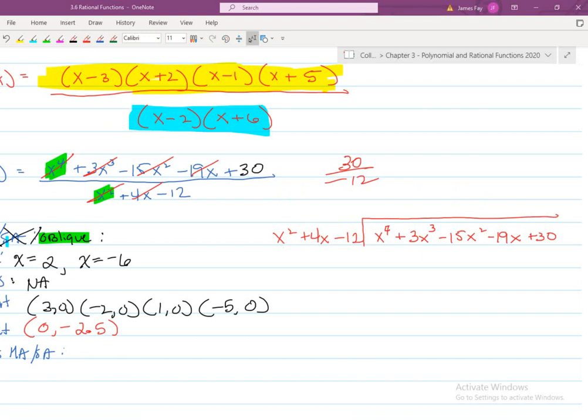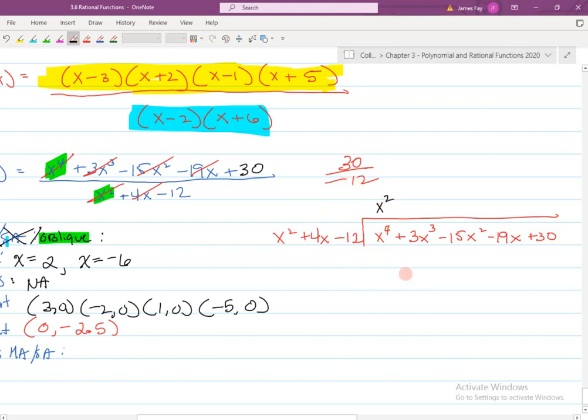All right, so we're going to ask ourselves, what do we put right here? Remember when we do long division, we're either asking ourselves, if I take x to the 4th and divide it by x squared, what is that quotient? Or what can I multiply by x squared to get x to the 4th? We all agree that that should be x squared?